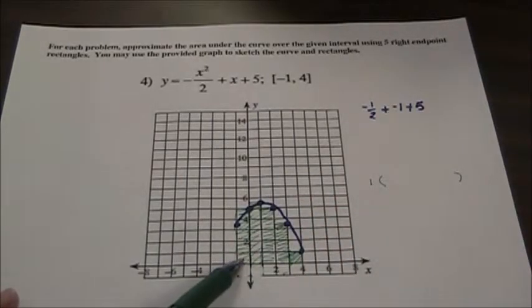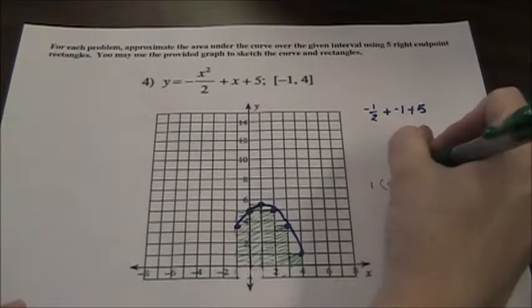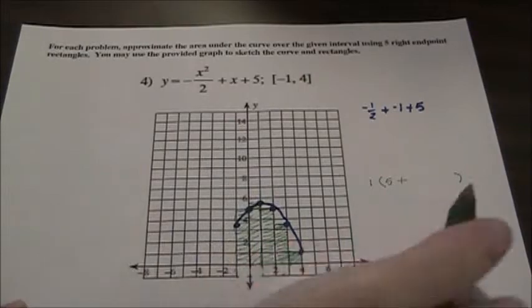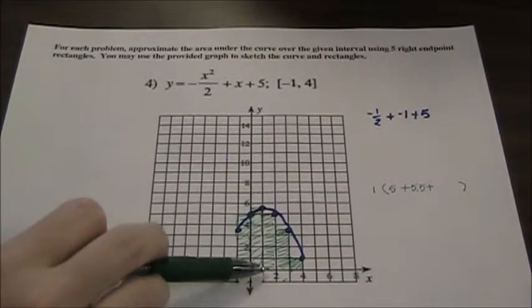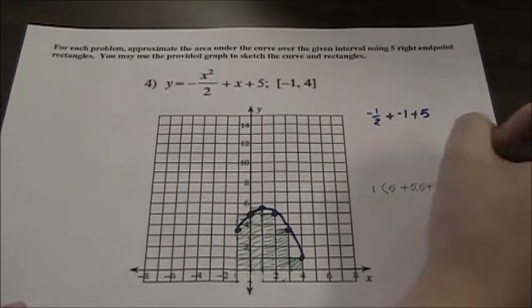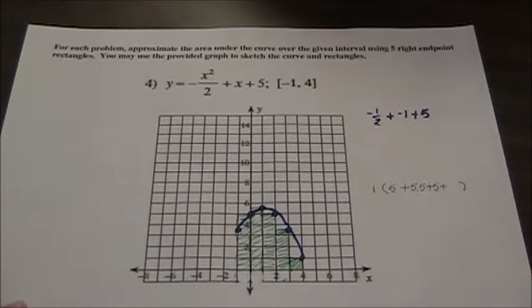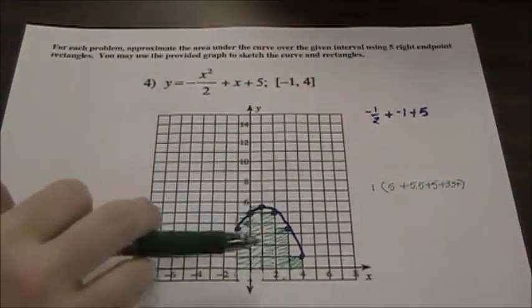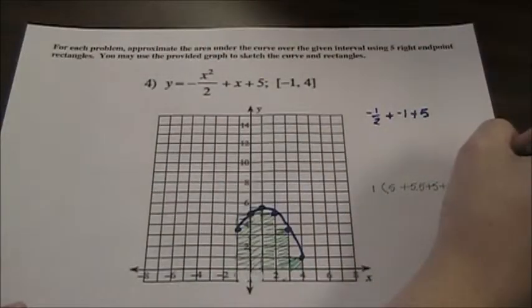So my first rectangle has a height of 5. The second rectangle has a height of 5.5, and 5, that is 3.5, and the last one has a height of 1.